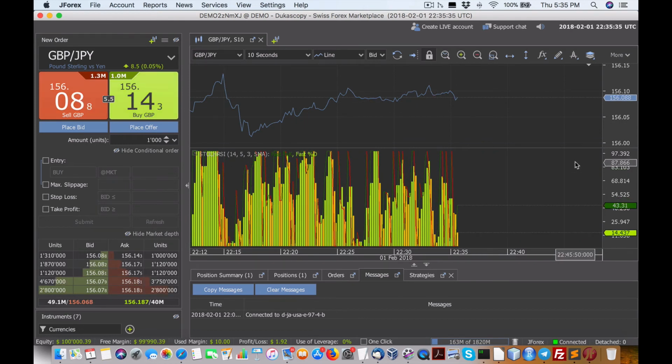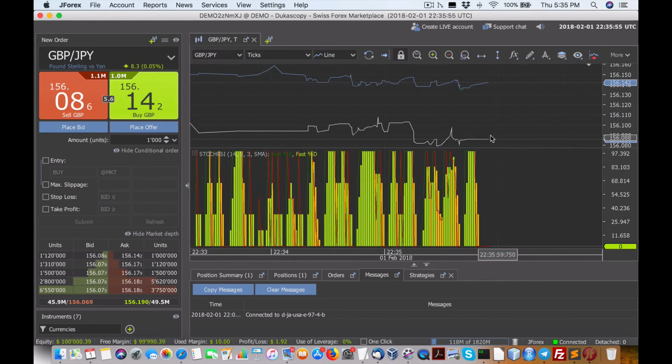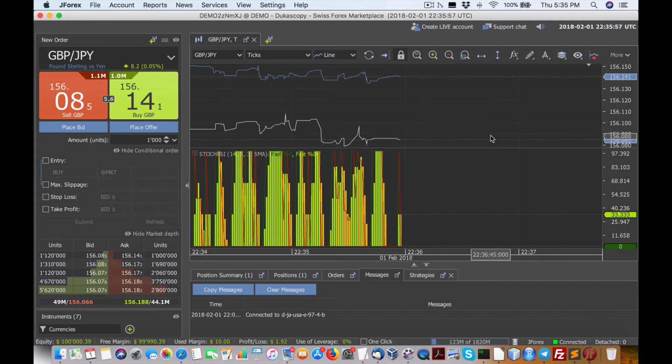See how that looks. Let's see how it is with a tick. Actually, that looks okay. That's a little more in real time.